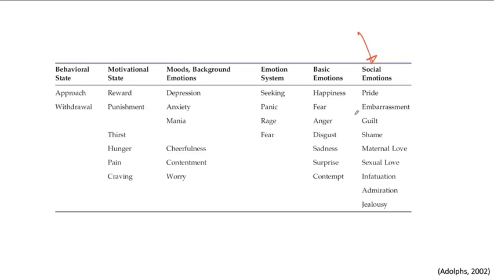When we talk about pride, embarrassment, guilt, shame, maternal love, sexual love, infatuation, admiration, being jealous, all those sorts of emotional experiences could not happen without having anybody, without having others outside you. So you experience these emotions in the context of social interactions. So these are called social emotions.